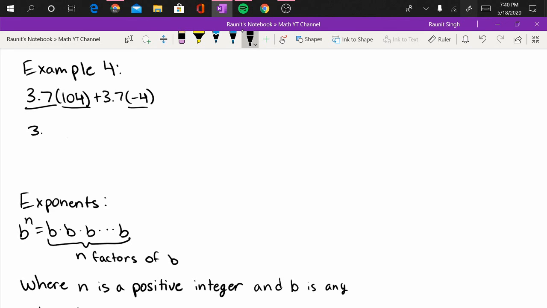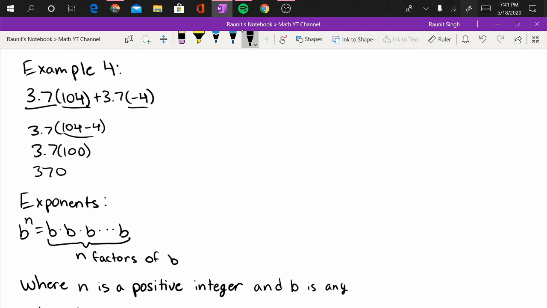So we have 3.7 times 104 minus 4. And we can see that 104 minus 4 is equal to 100. So 3.7 times 100. And now we know that the answer will be 370.